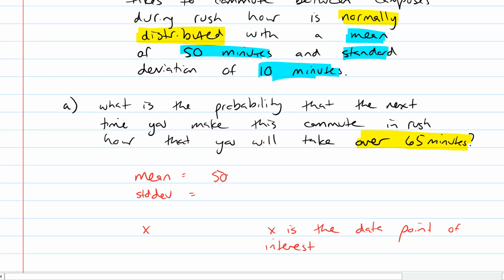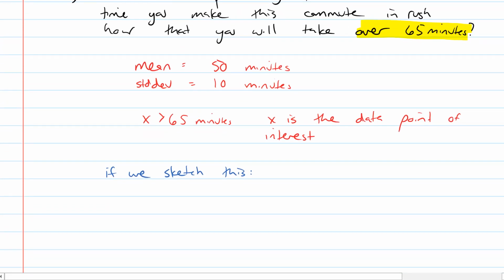You can write in the units if you want. It's 50 minutes. The standard deviation is 10 minutes. And because it says we want over 65, then what we're looking for here is that x is greater than 65, where x is our data point of interest. So if we draw this, we do a little sketch.